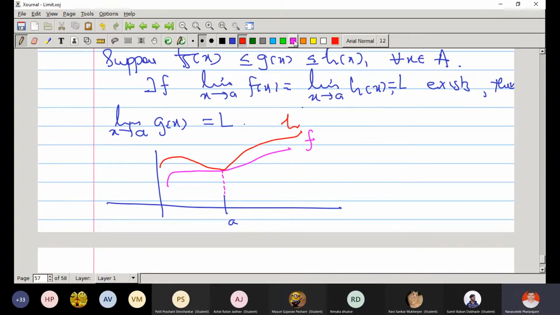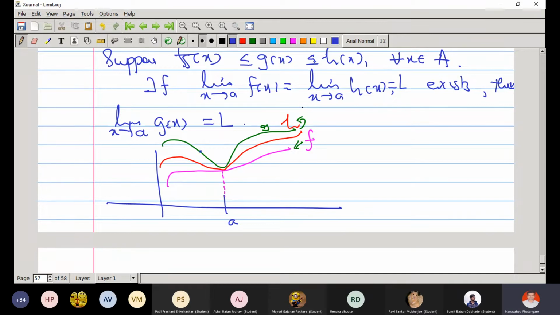This is h and this is g. The green color function is g, the red color function is h, and the pink color function is f.